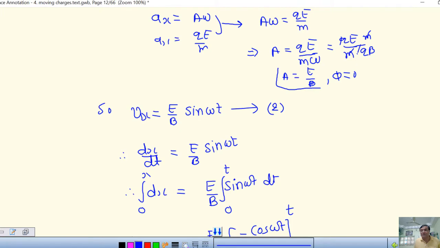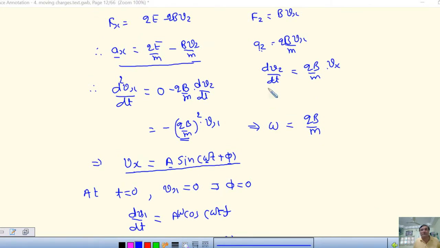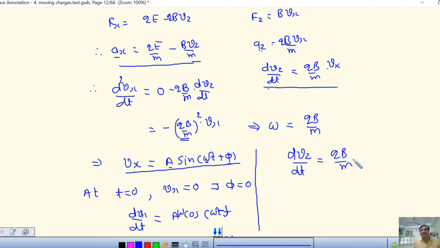And now we find the z component of the velocity. We already have this equation, so I write it down here. This is dvz by dt equal to qb upon m, and vx is what we derived, e upon b sin omega t.